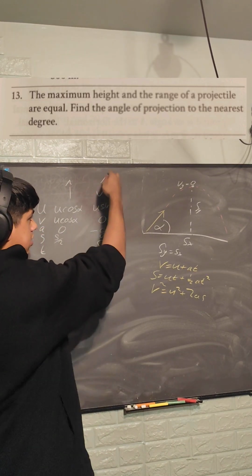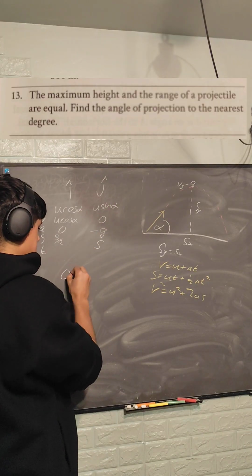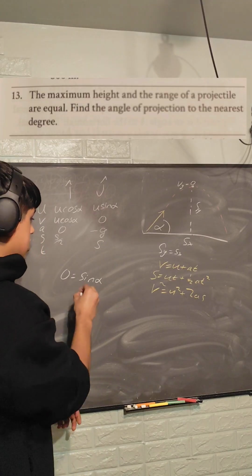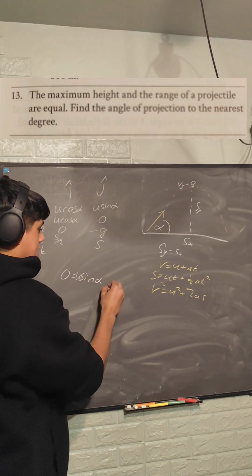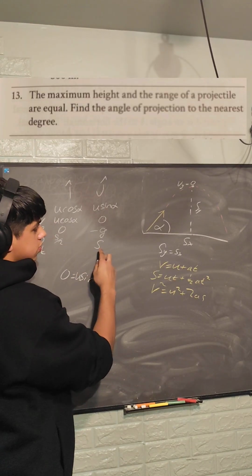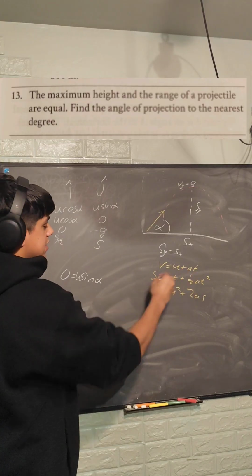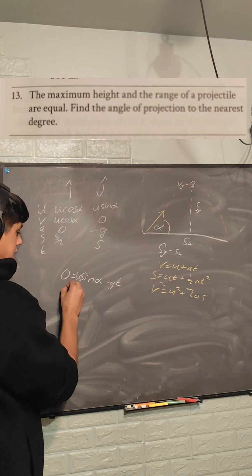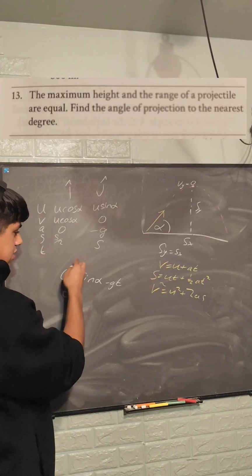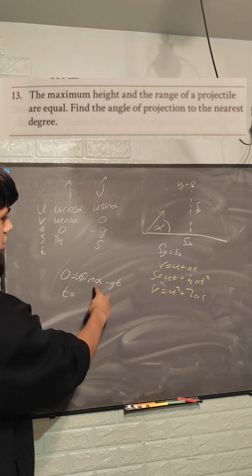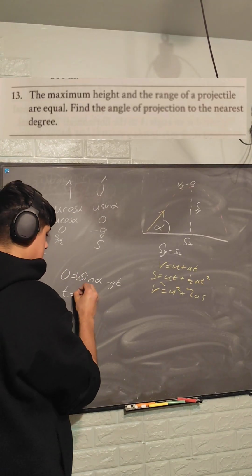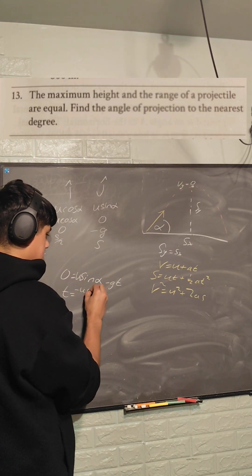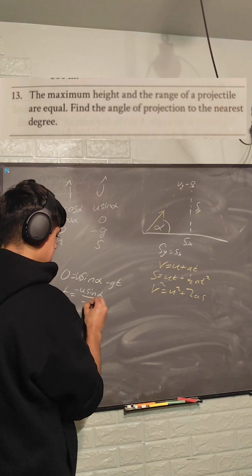We'll talk about it in the vertical direction. So 0 is equal to u sine of alpha, plus at, so minus gt. When this goes to the other side, we can get an expression for t. So u sine of alpha is going to go to the other side, and we're going to divide by minus g. And because there are 2 minuses, it's just going to turn into a positive, because a minus divided by a minus is a plus.